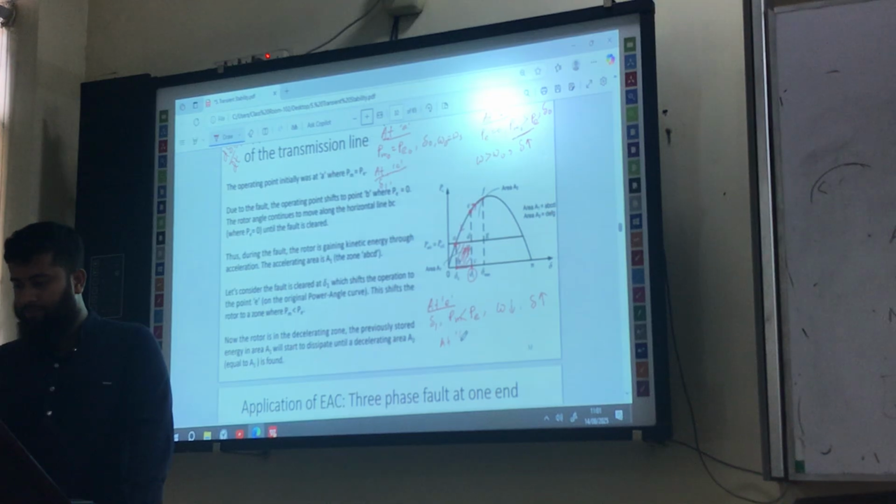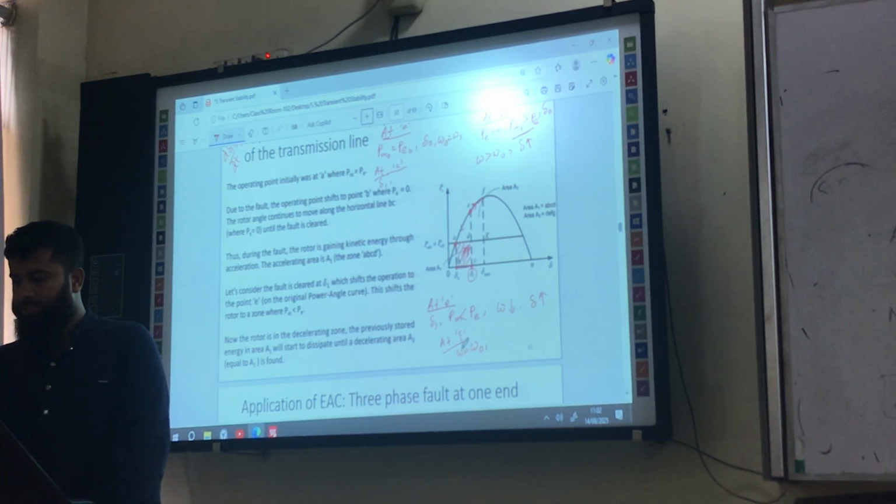At F, this omega will be exactly equal to omega naught. That means it should be in the stable state again, right?